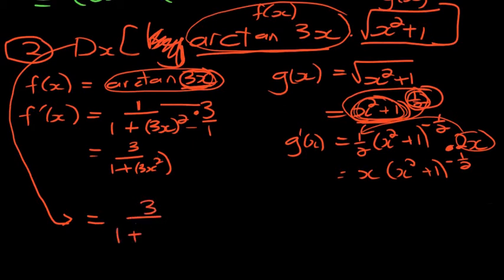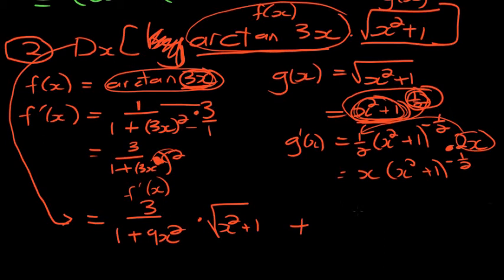Just remember that the square must be outside the bracket, so if you square it inside, you'll get 9x squared. So this is the f'(x) that you derived, and then you multiply it straight away with the g(x), which will be x squared plus 1.